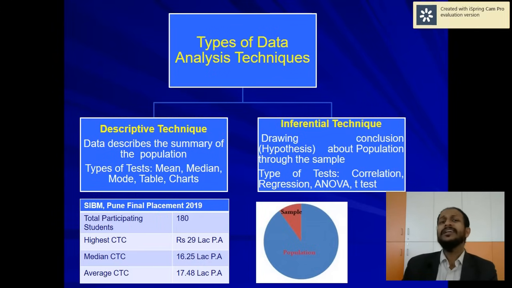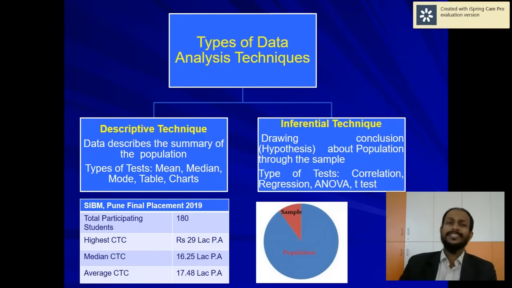After that, the median CTC is 16.25 lakhs per annum and the average CTC is 17.48 lakhs per annum. So it is quite evident what the highest package, the average package and the median package are, everything is represented through the data that is available from the 180 students.